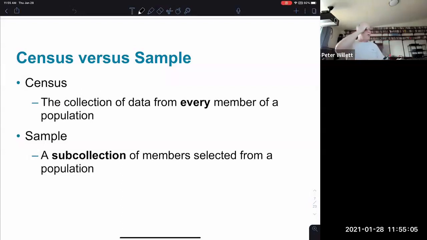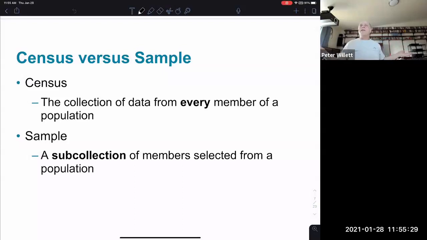Okay, so now we have two more vocabulary words being given. We have census and sample. Census is the collection of data from every member of a population. So members of populations might be yes or no's or people's heights, and we collect every one of those. That's a census.